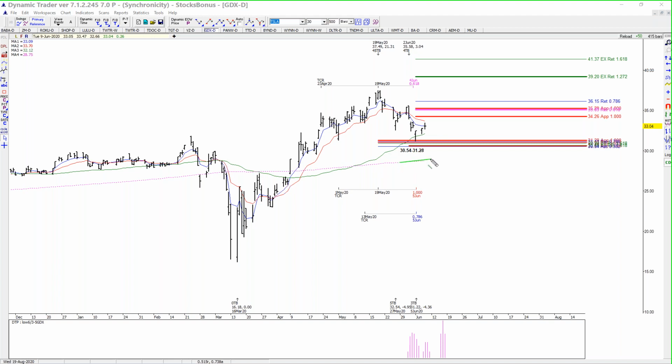You're above the 200. When you tested the support, you were below the 50, and the 5 and 13 are in a sell mode. But so far it is holding, and I also had timing. So I had time and price at 30.54 to 31.28. So yeah, you can use this work on ETFs.